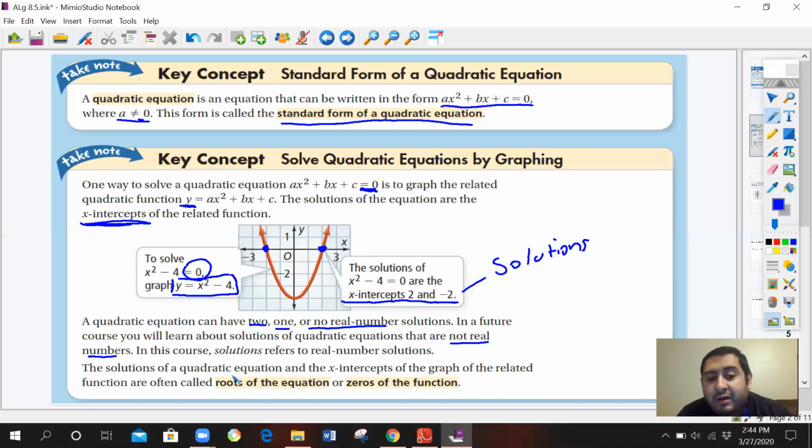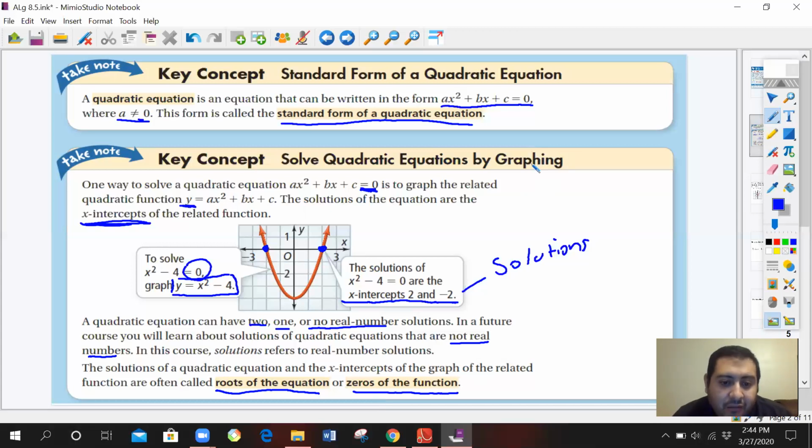The solutions of a quadratic equation and the x-intercepts of the graph of the related function are often called roots or zeros. So whenever a question asks you to find the solutions of this parabola, it means find your x-intercepts.